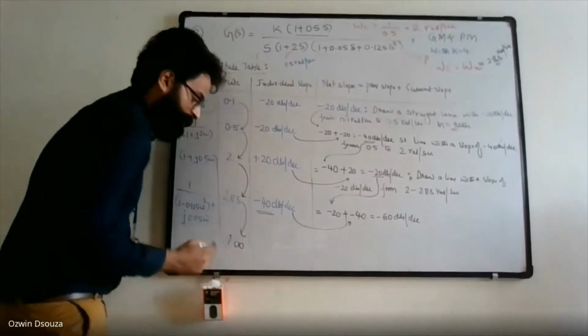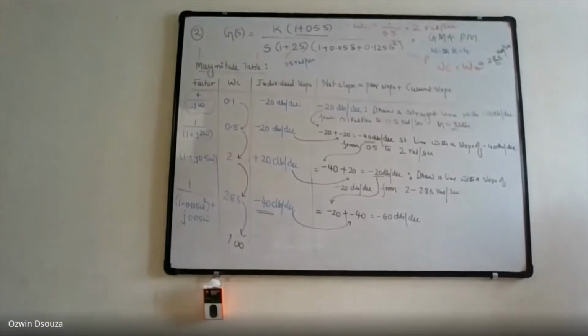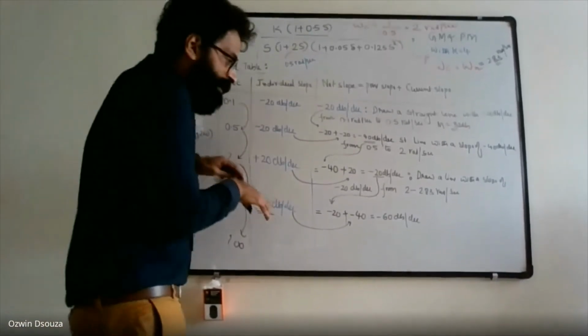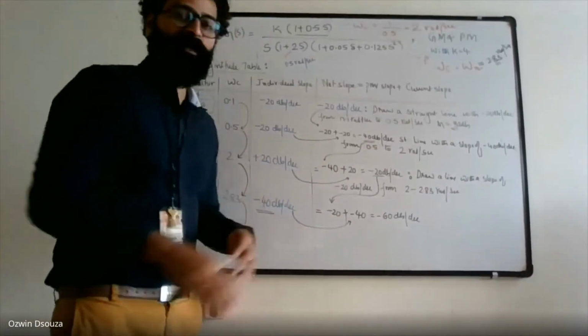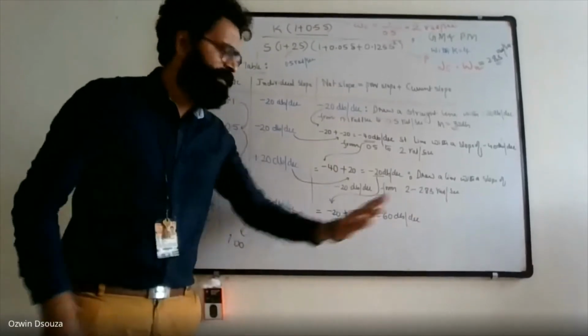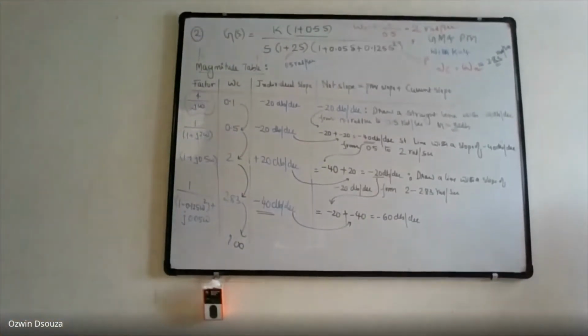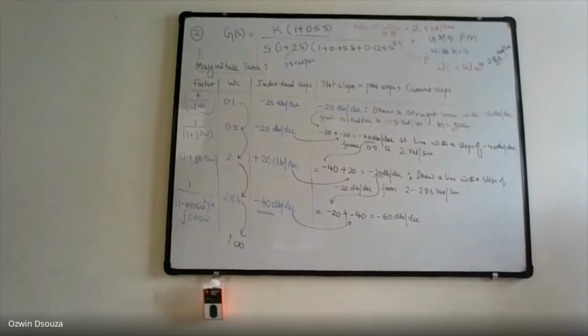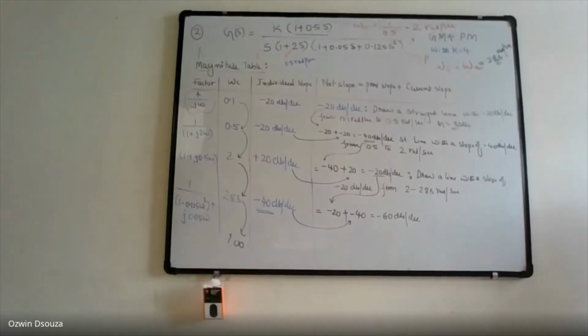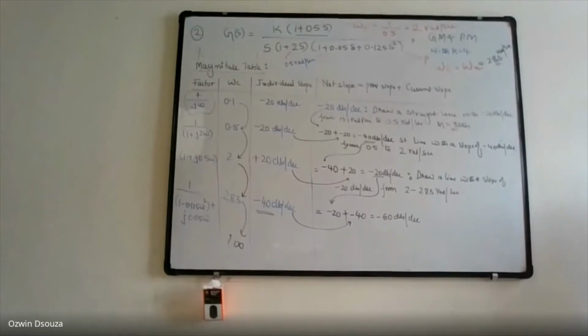There is no terminating point, so infinity you can write. From 2.83 radian per second onwards, the straight line keeps on moving with a slope of minus 60 decibel per decade till infinity. So that's your magnitude table. Later we'll put it into the Bode diagram, which we can do a little later. But let's quickly take an image of this so that I can include it in the notes.